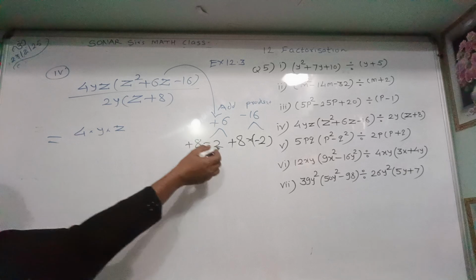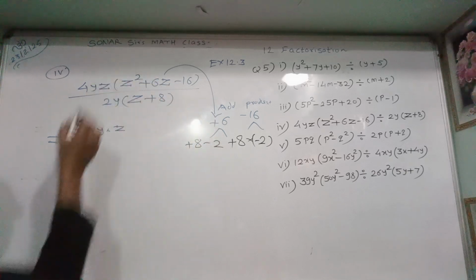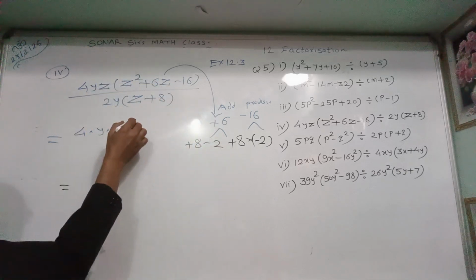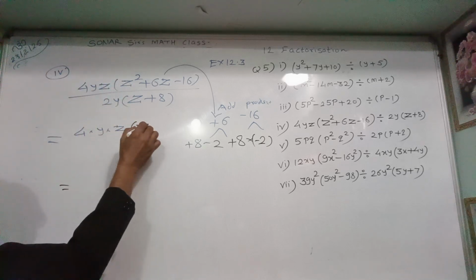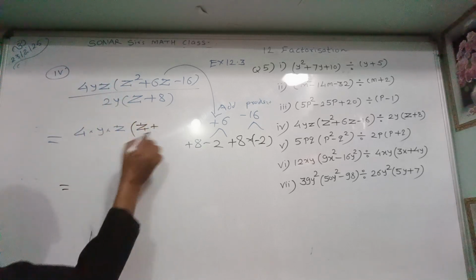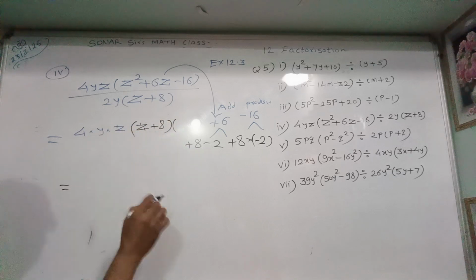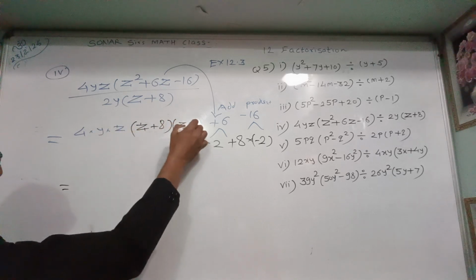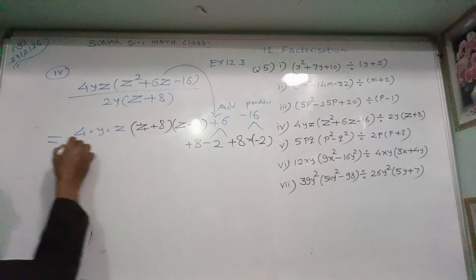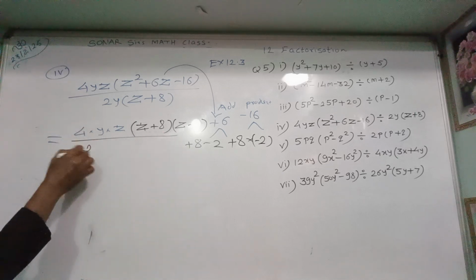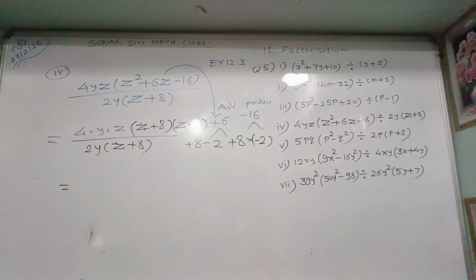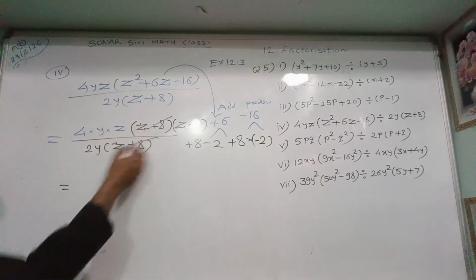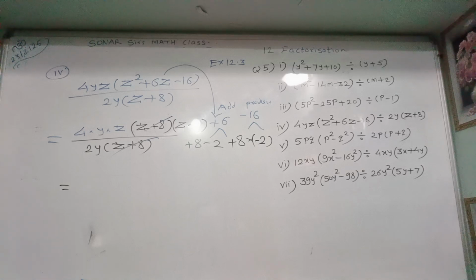Again we can write the factors directly because the coefficient of z square is 1. So it becomes (z plus 8) in one bracket and (z minus 2) in another bracket. And in the denominator there is 2y and z plus 8. Now we can see z plus 8 and this z plus 8 in the bracket cancel.